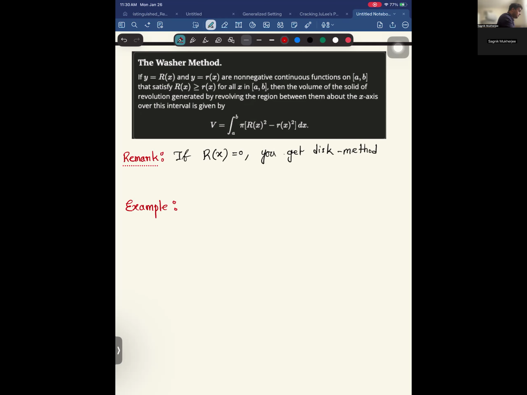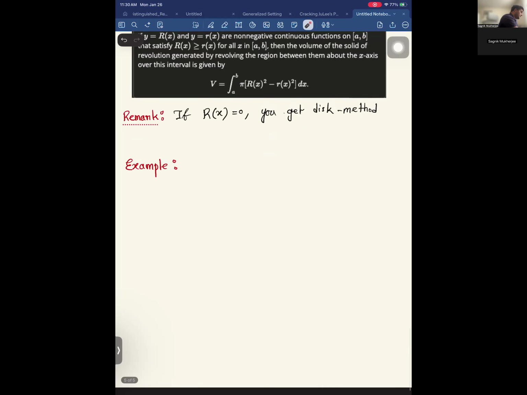Note that this is very similar to what we have seen in the previous theory, right? In the disk method. It is just the difference of capital R and small r squared and then the same integration as before, right? So y equals 4 minus x squared. So this is going to be our, actually capital R, and y equals, I think, x plus 2.